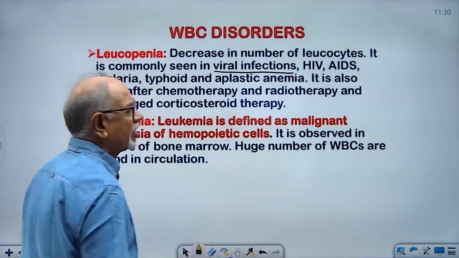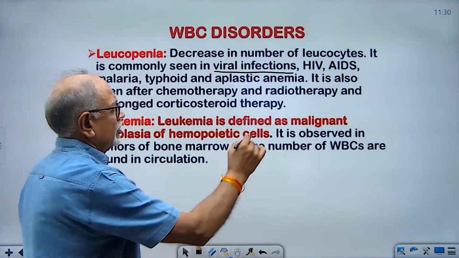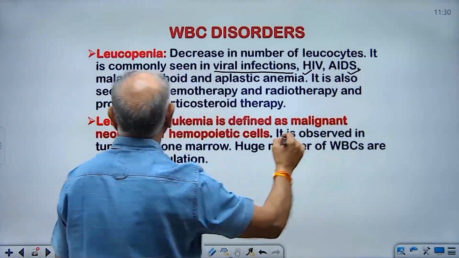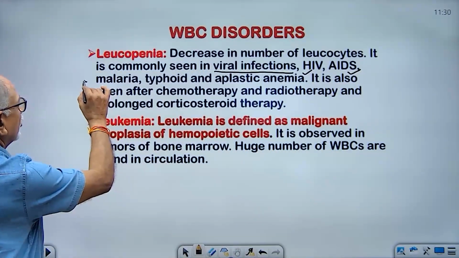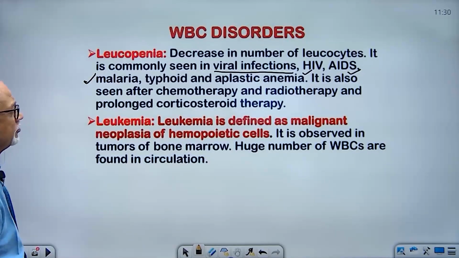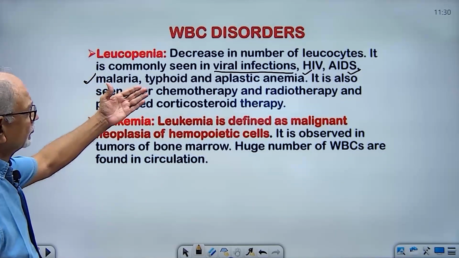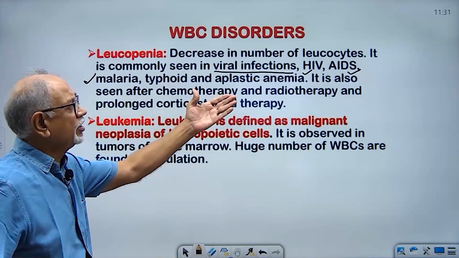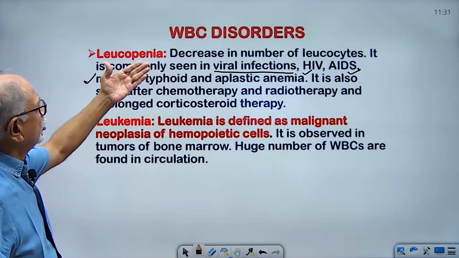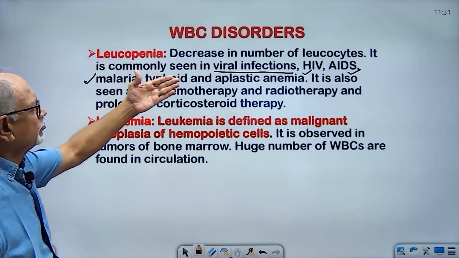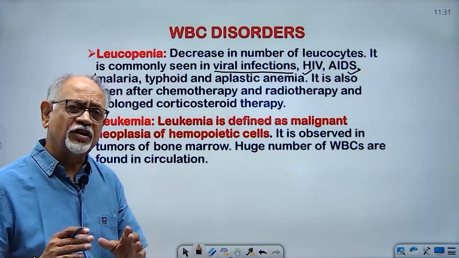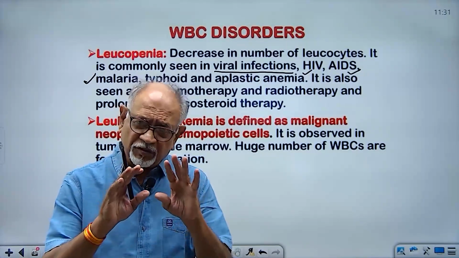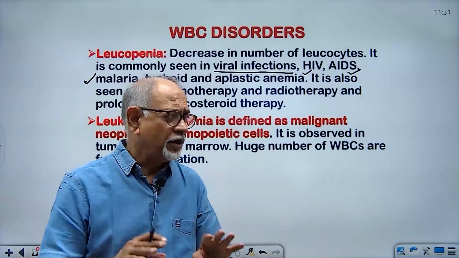If we take examples, HIV, AIDS, in case of the protozoan parasite malaria, in case of typhoid, in case of aplastic anemia, leukopenia occurs. Aplastic anemia means the bone marrow does not form the blood cells properly.